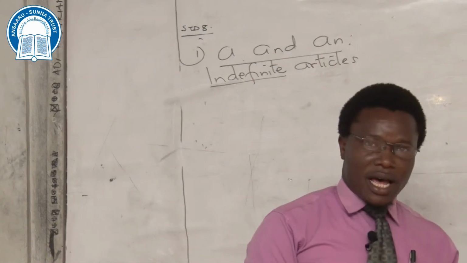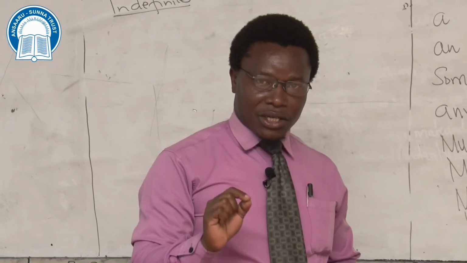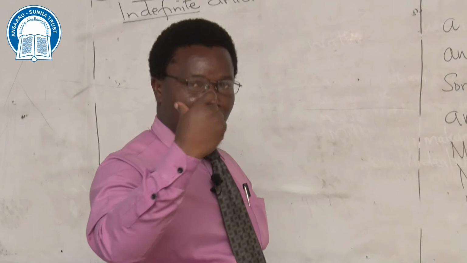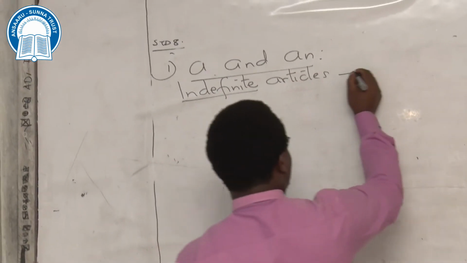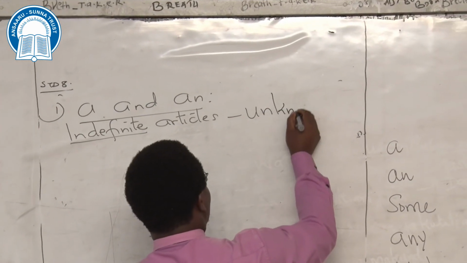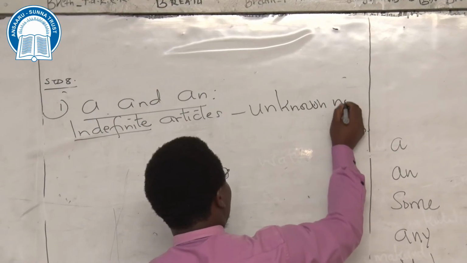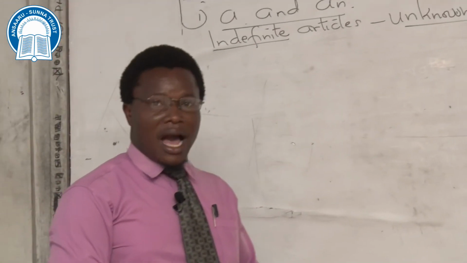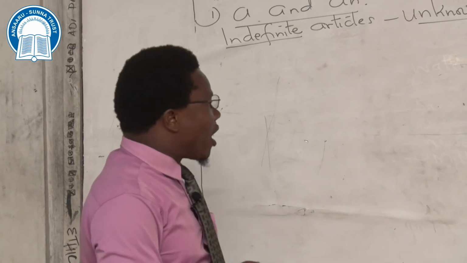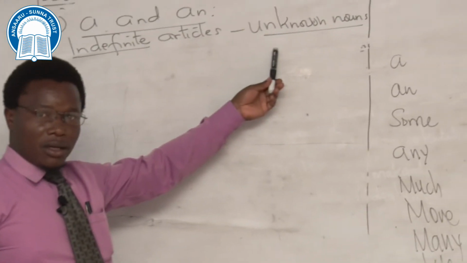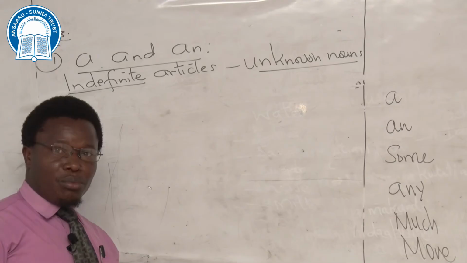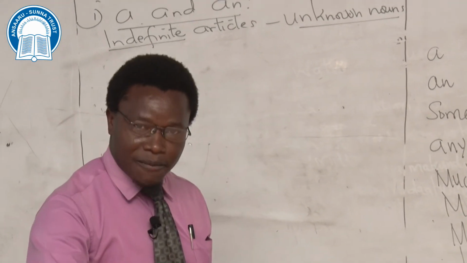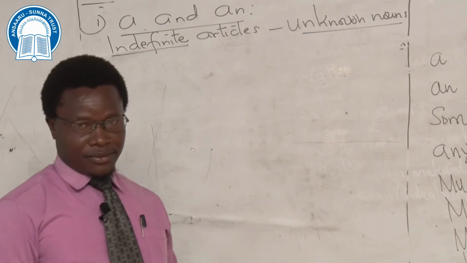They are referred to as indefinite articles because they are used to introduce unknown nouns. Why do I call them unknown? They are unknown because they are being introduced for the first time to the listener.